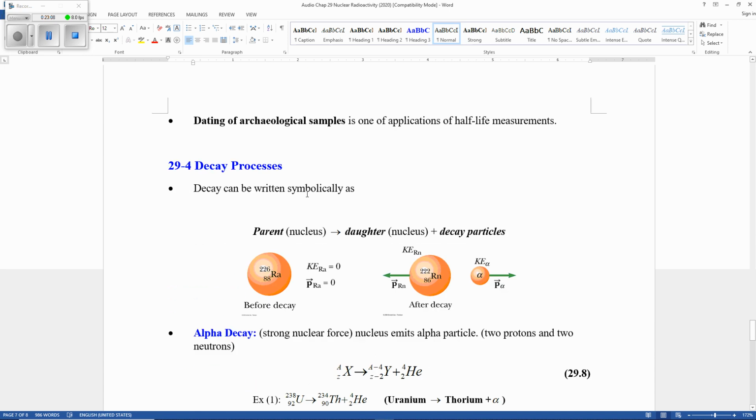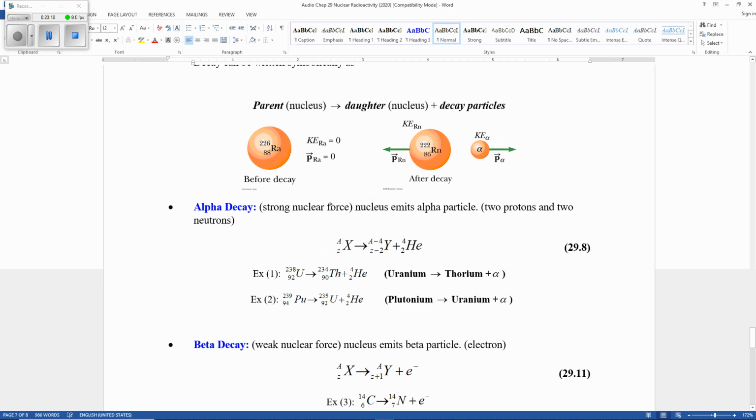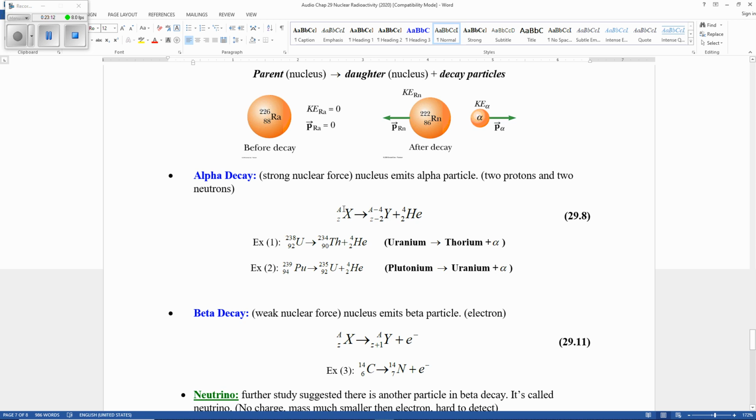So now we're going to spend a few minutes, give you this equation for the alpha decay. Okay, usually before we call the parent nucleus, after we call the daughter nucleus. See, this is alpha decay.